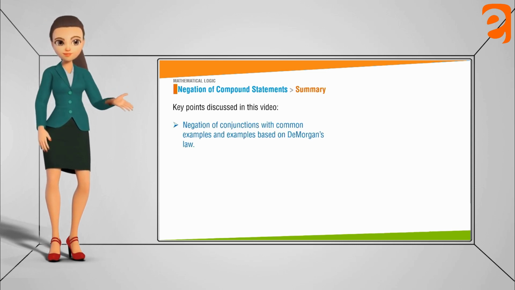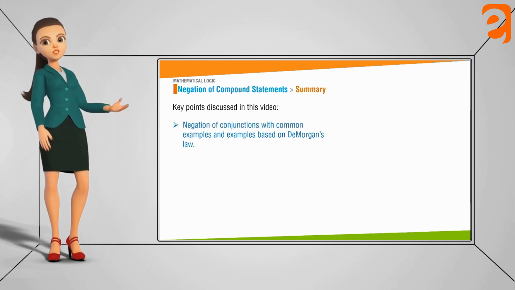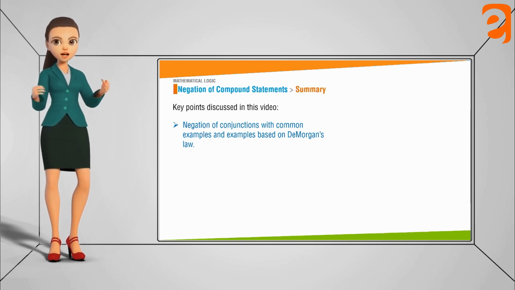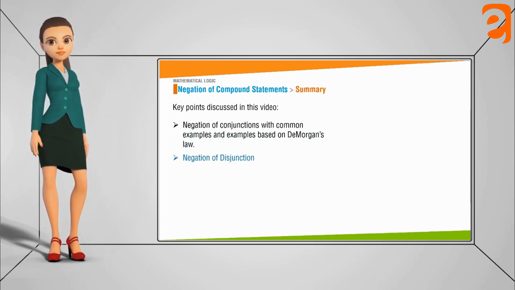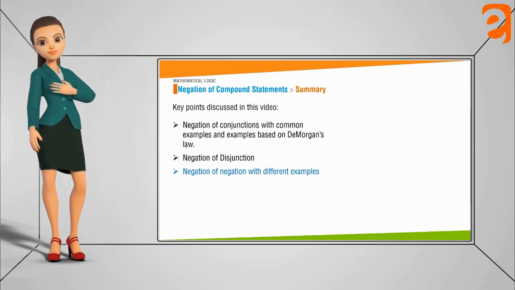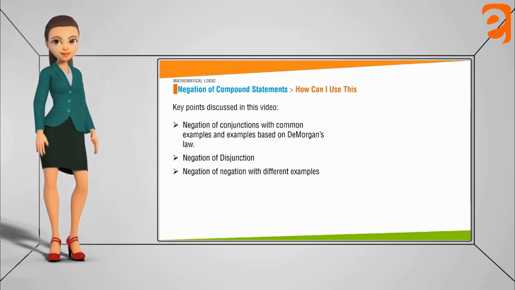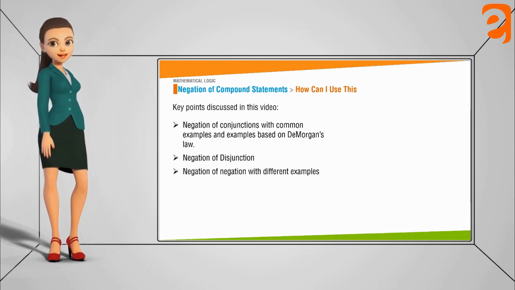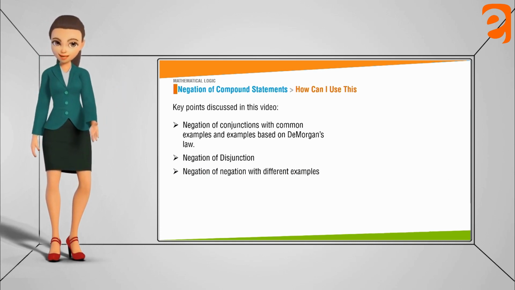Key points discussed in this video are negation of conjunctions with common examples and examples based on De Morgan's law, negation of disjunction, and negation of negation with different examples. How can you use this? In this video, we discussed negation of connectives.